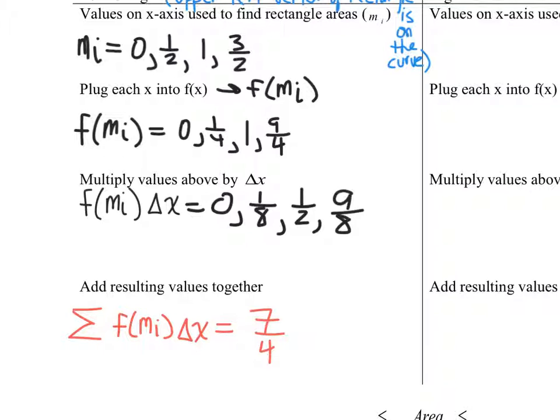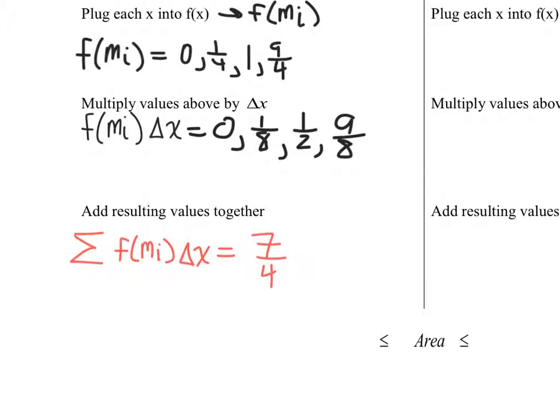Just a little teaser of what's to come, because it's going to come tomorrow. But if I were to compare this to an integral, we'd be looking at something along these lines, right? The antiderivative.